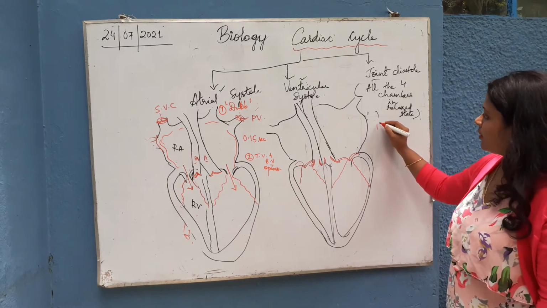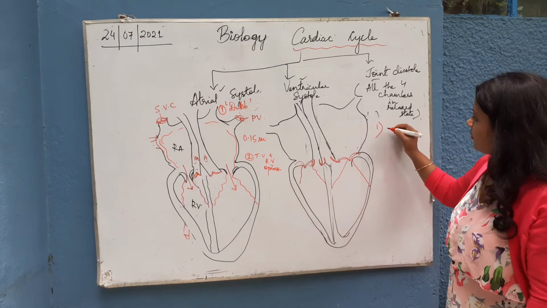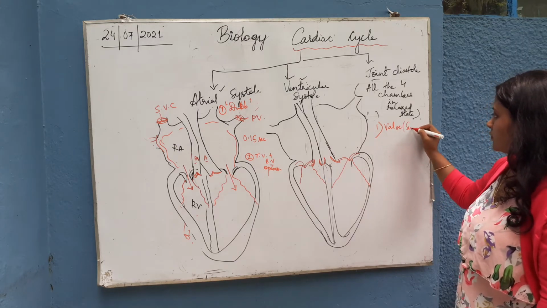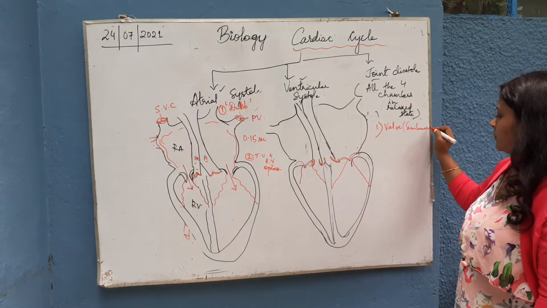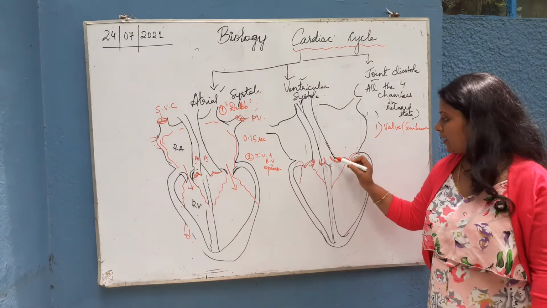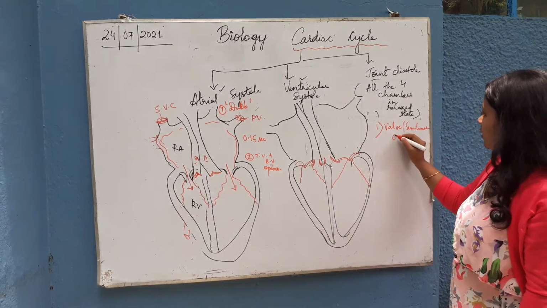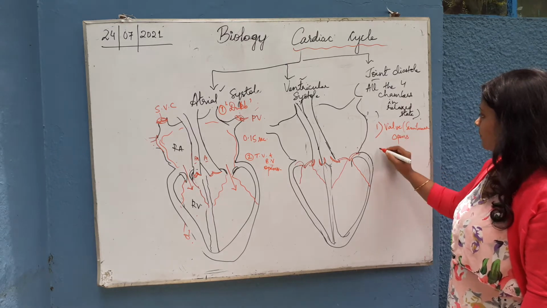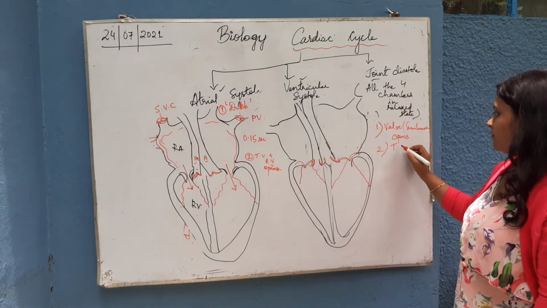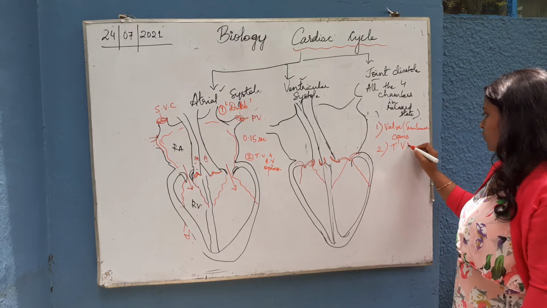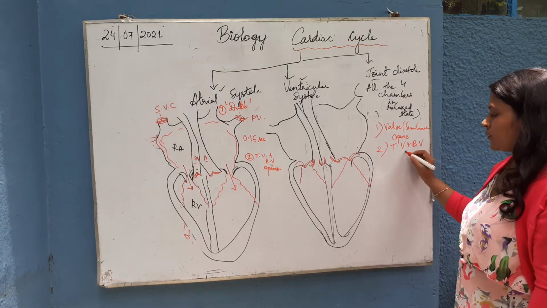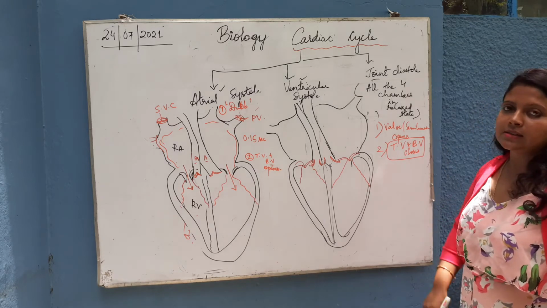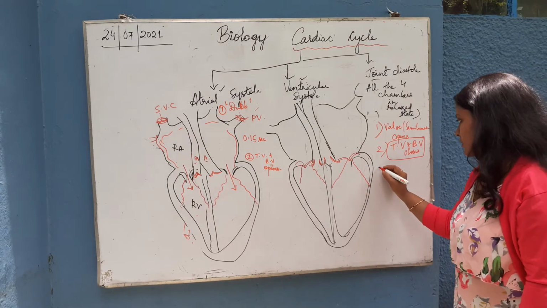So here the point you have to write is that the semilunar valves, that is the pulmonary artery valve and aortic valve, open up, and here the tricuspid valve and bicuspid valve close. This is an important point. Once you understand one point, then the rest you can write by yourself.